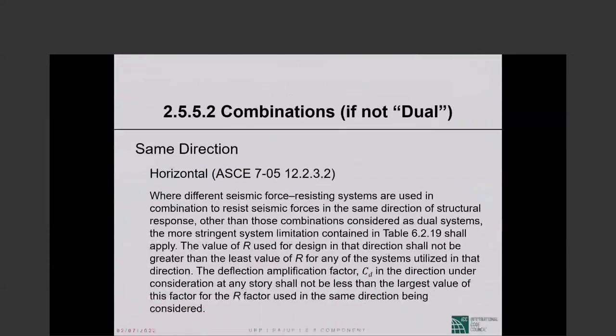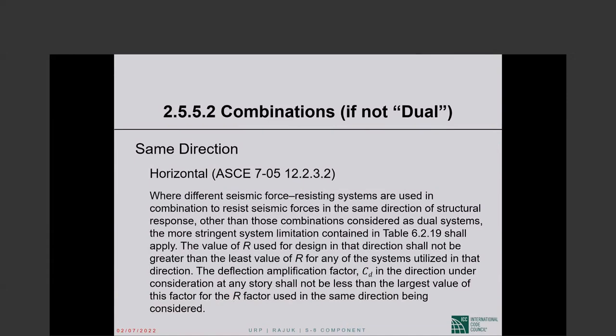Now, why do we say the largest value of this factor for the R factor used? Because there may be more than one system with the same R value in the combination. There may very well be more than one structural system that have the same R values.